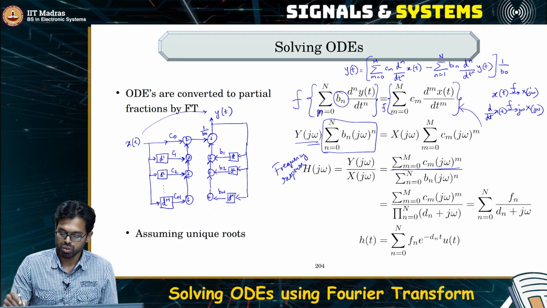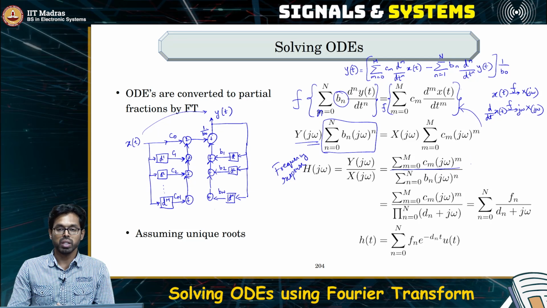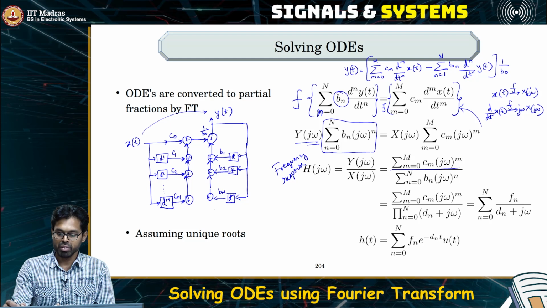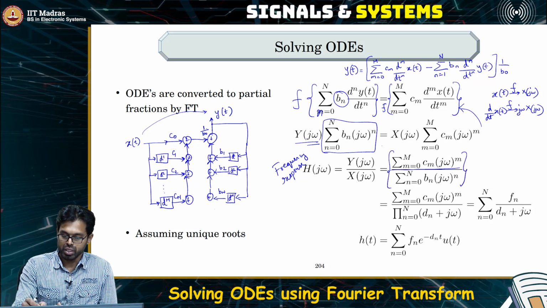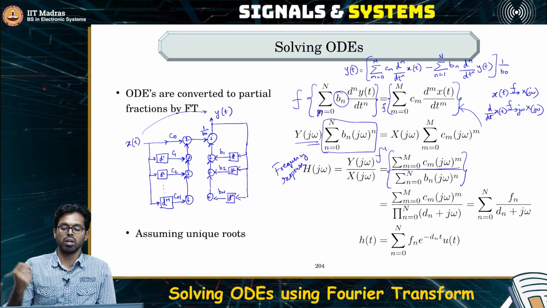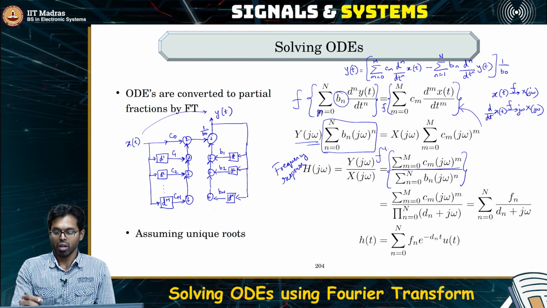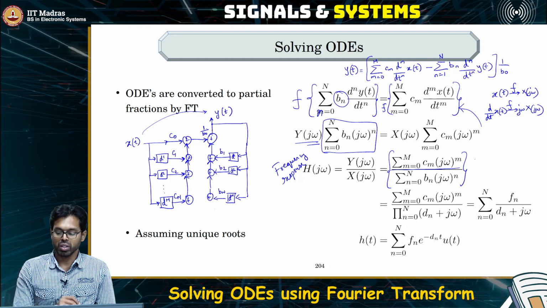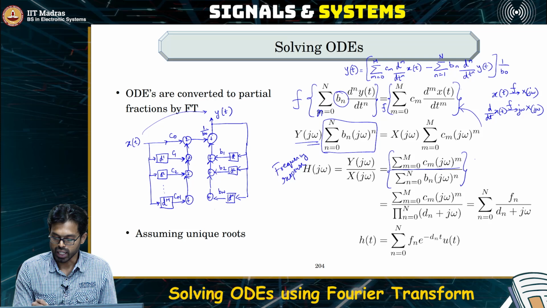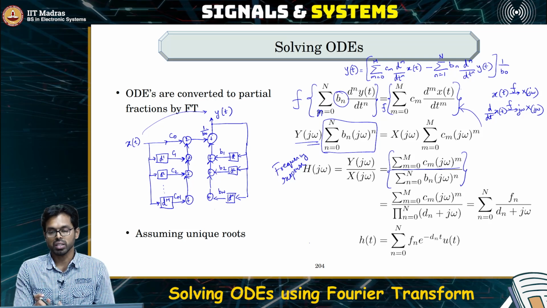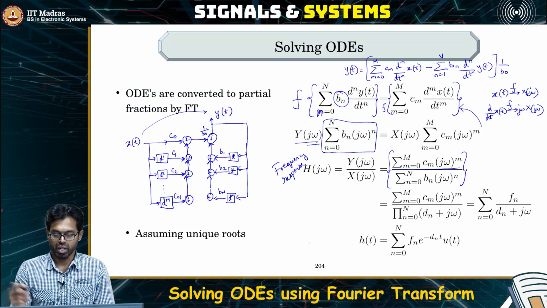In order to know the system's impulse response, we need to find the inverse Fourier transform of this ratio. To compute the inverse Fourier transform of this ratio, the first thing we are going to do is write this in terms of partial fractions. What are partial fractions?